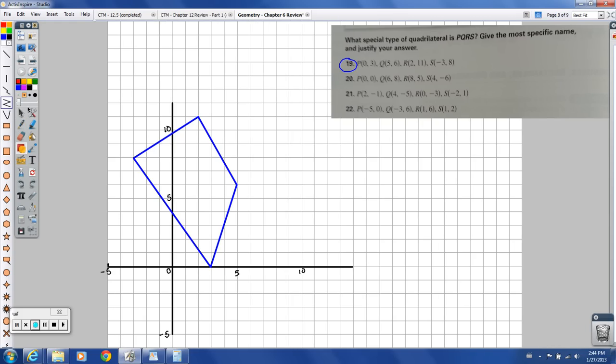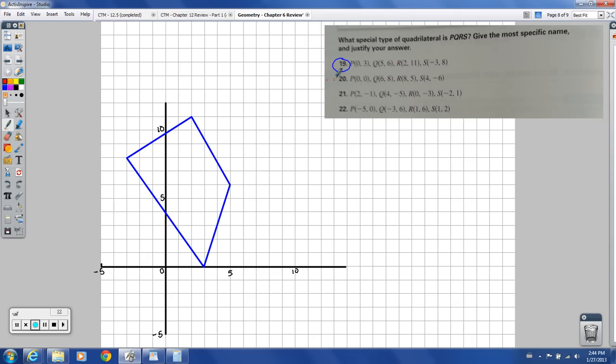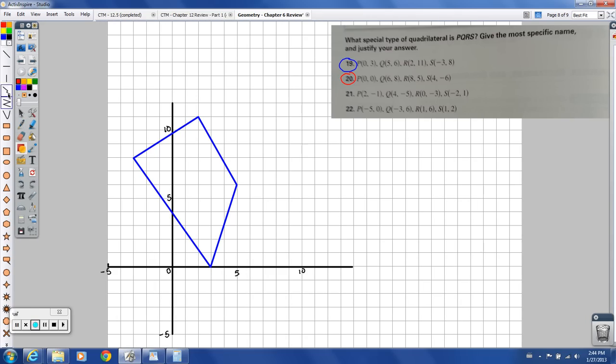So I'll do number 20, I'll do in red. 0, 0 right here. 6, 8. Here's 6. Going up to 8 right there. 2, 11. Nope. Looking at the wrong one. 8, 5. We're going to go 7, 8. And 5 will be right there.